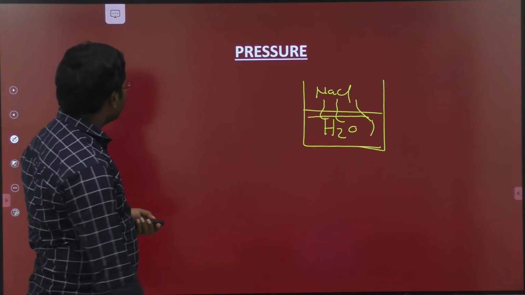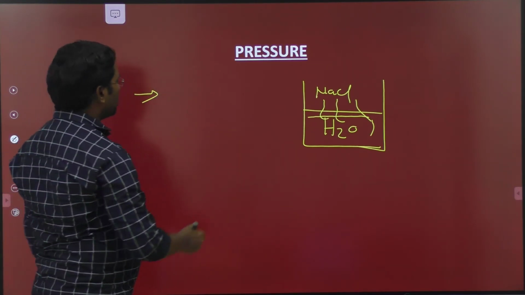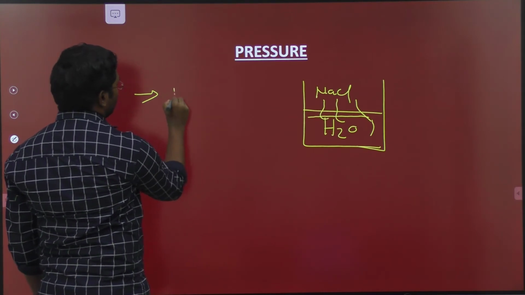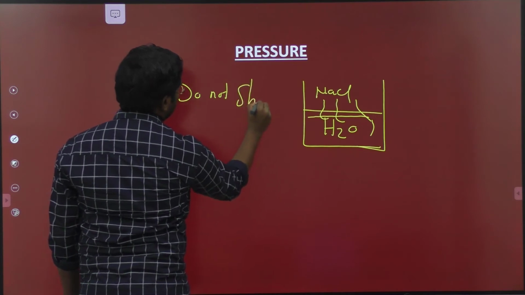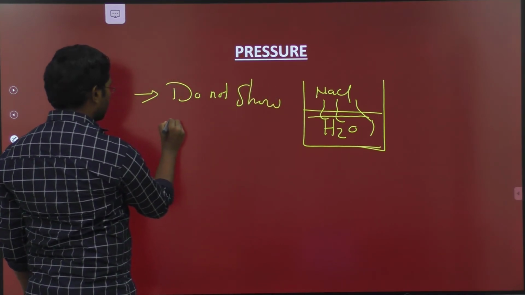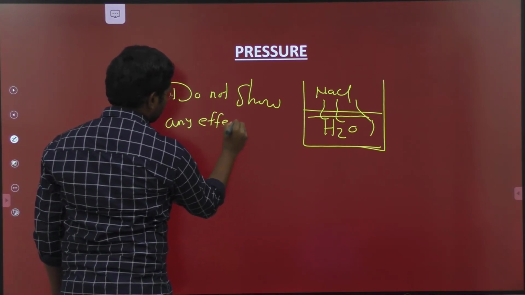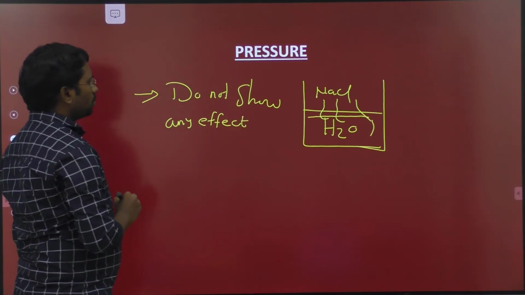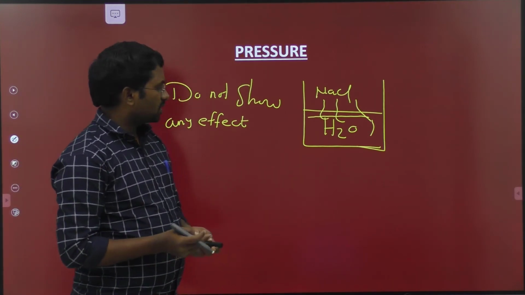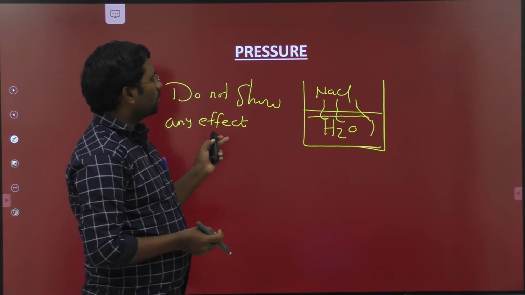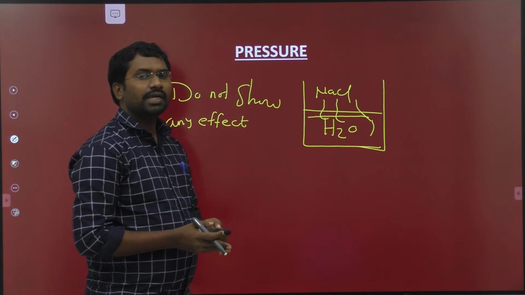Here the important point is that pressure does not show any effect on the solubility of solids in liquids. So what is the reason? When we apply pressure, the solids and the liquids do not undergo any compressibility.